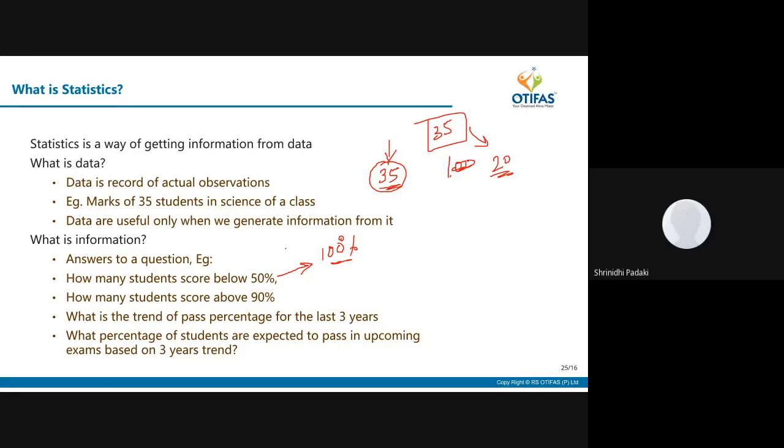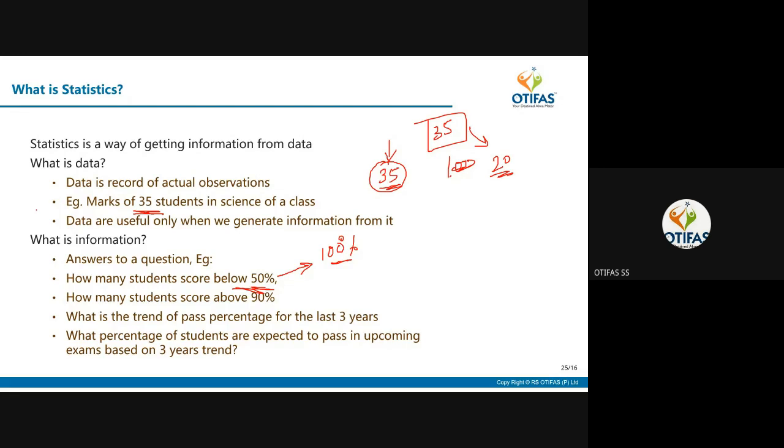Yes, sir, but in that case, aren't you manipulating the data by yourself? No, I am talking about percentages only from these 35 students. From this 35 students' data, how many students score below 50%?